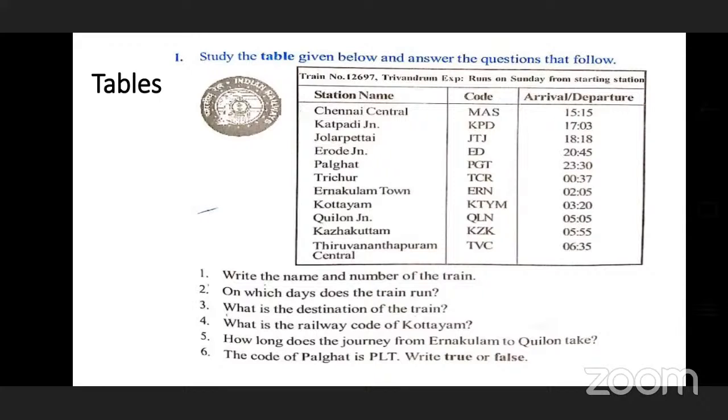Now let us try to understand 2 to 3. Chennai Central. So starting point is Chennai Central, and the railway code for the Chennai Central station is MAS. And at 3:15, the train starts in Chennai Central.